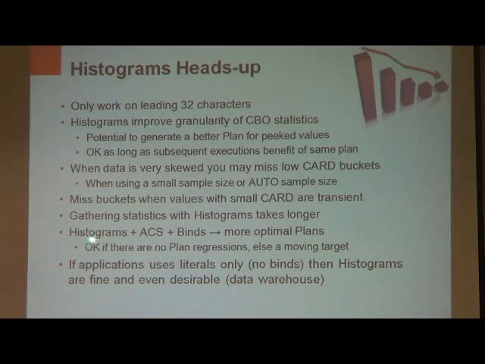When you combine histograms plus adaptive cursor sharing plus binds, you end up having more plans, which is perfectly fine on 11G as long as none of those plans is causing a regression. Every plan has a small chance to be a poor plan, a suboptimal plan.